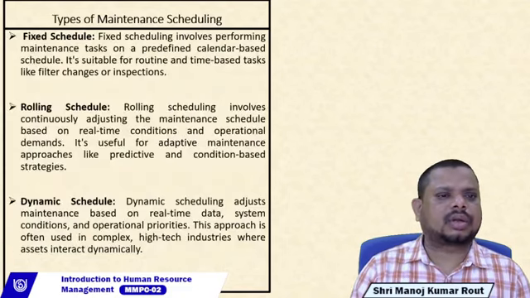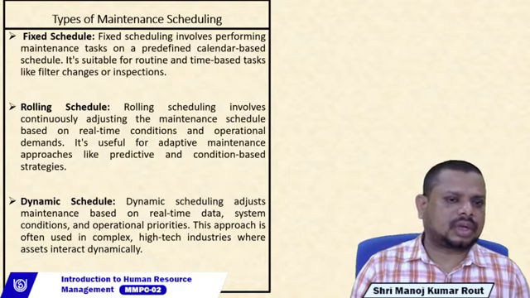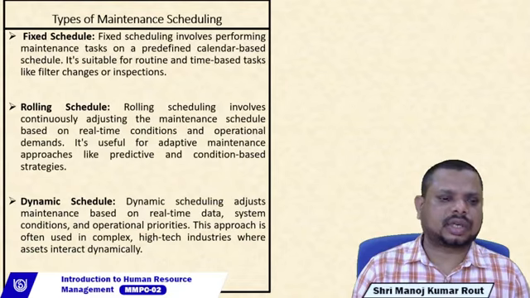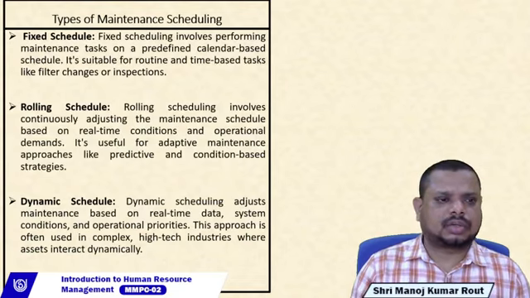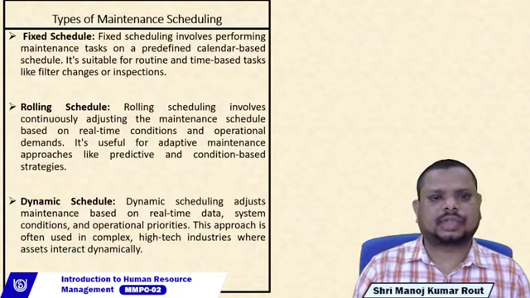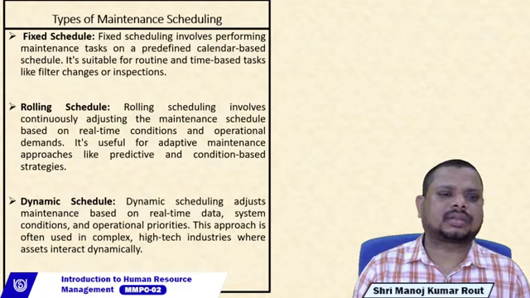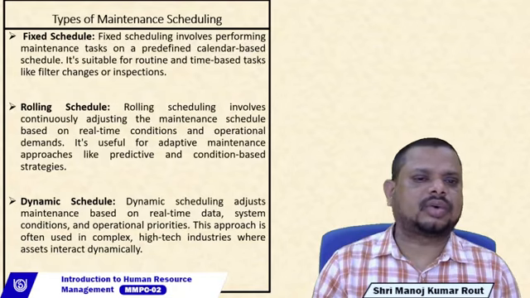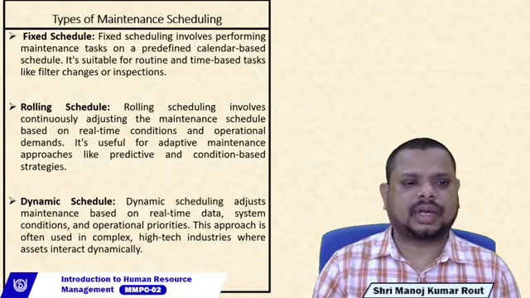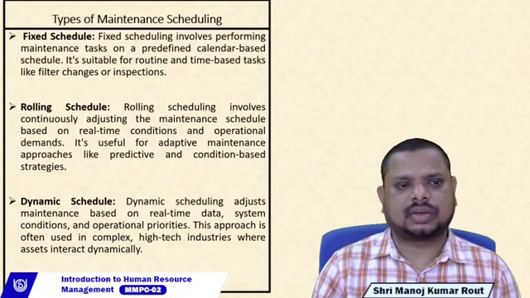Moving to the next one, types of maintenance schedules. If you go on to the classification of maintenance schedules, we have fixed schedules, rolling schedules, and dynamic schedules. Fixed schedules involve performing maintenance tasks on a predefined calendar-based schedule, and are suitable for routine and time-based tasks like filter change and inspections.